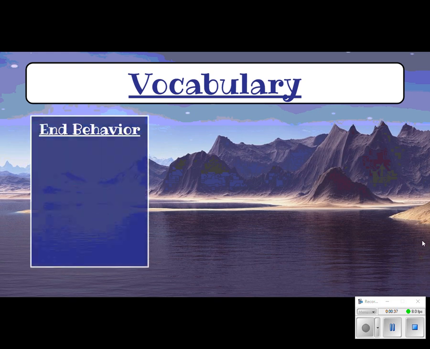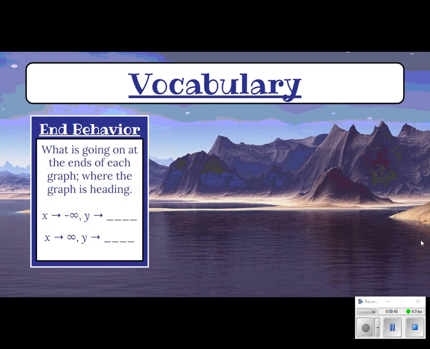All right, end behavior: what's going on at the ends of each graph, where the graph is headed, and we're going to introduce this notation to you a little bit. You read the top line as x approaches negative infinity, y will approach some value. And then as x approaches positive infinity, y will approach a different value, or maybe the same value.